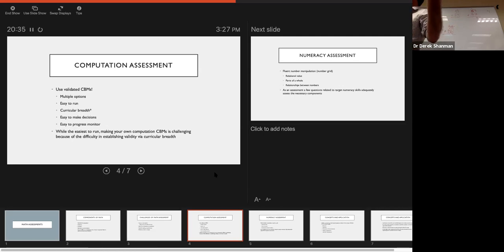You need to work on the ones that you got 4 out of 7, right? It is black and white in terms of the interpretation of the data. There's no gray area. So it's very easy to make curricular decisions based off of these types of CBMs. And it's easy to progress monitor, right? You can trust the score that you have.